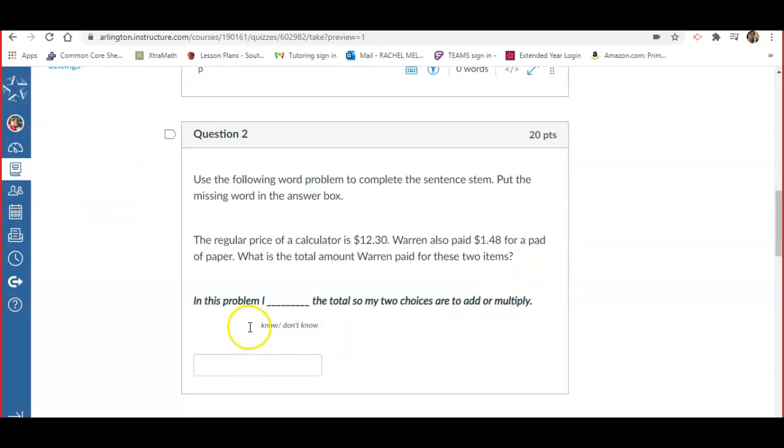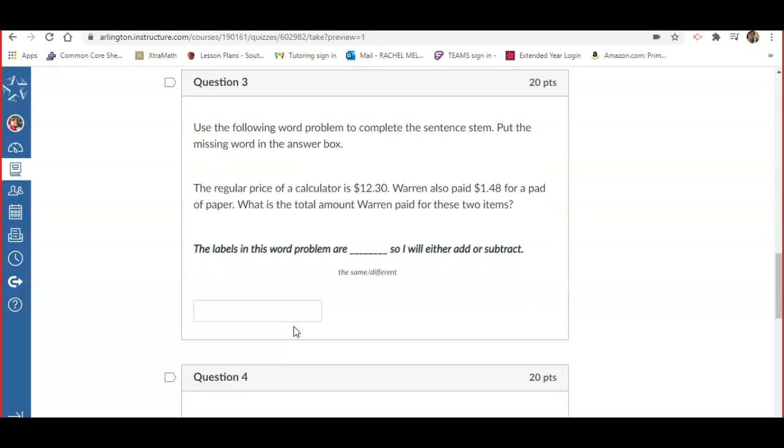Then the second question, you're putting in the blank for your totals and labels. In this problem, I blank the total, so my two choices are add or multiply. You're putting either know or don't know. So it's one word. Same for the third question, pardon me. The labels in this word problem are blank, so I will either add or subtract.